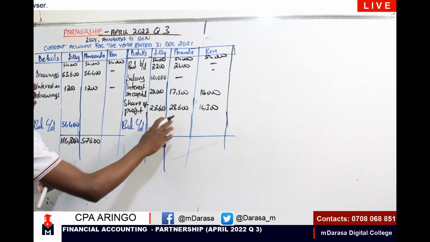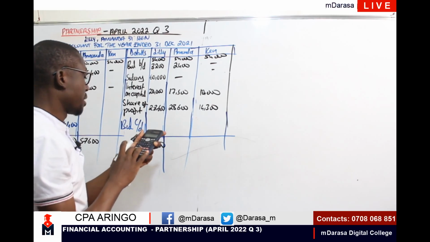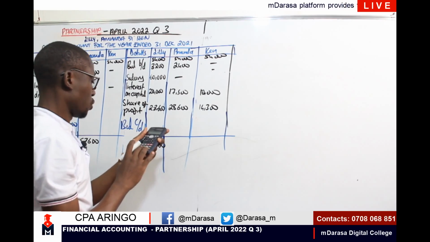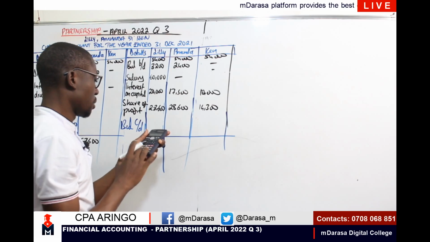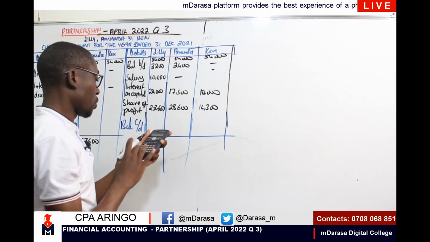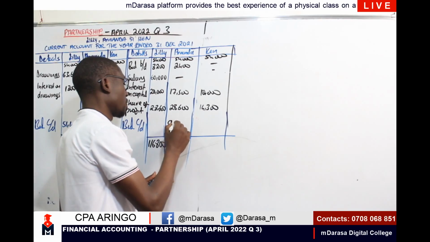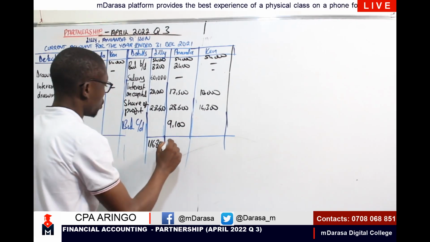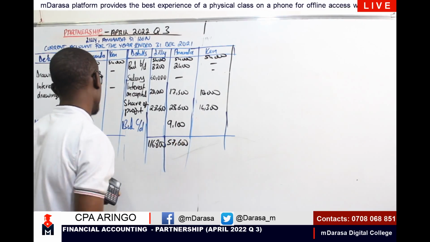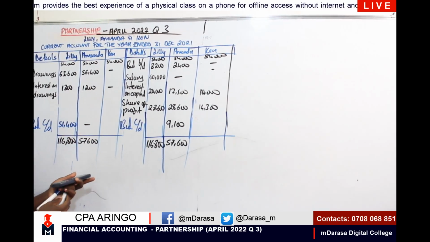And my balance carried down will be on the credit side, which should be 56,400 plus 1,200 minus 2,400 minus 17,500 minus 28,600, to give us a figure of 9,100. So that the total should give us 57,600.